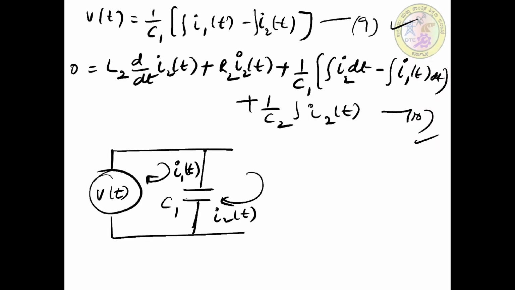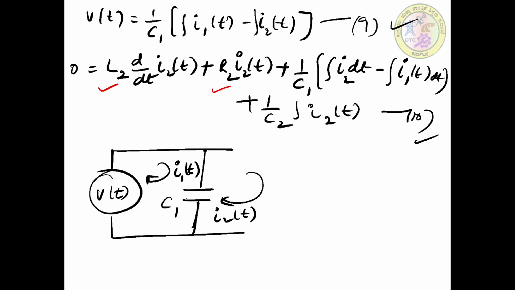If you apply KVL to the first loop, we get the same equation: V of t is equal to 1 by C1 into I1 minus I2. Then coming to equation 10, which gives us the second loop, what components does it have? The second loop has one inductor, one resistor, and again capacitor C1. C1 is already written. Now see the direction: it is I2 minus I1.